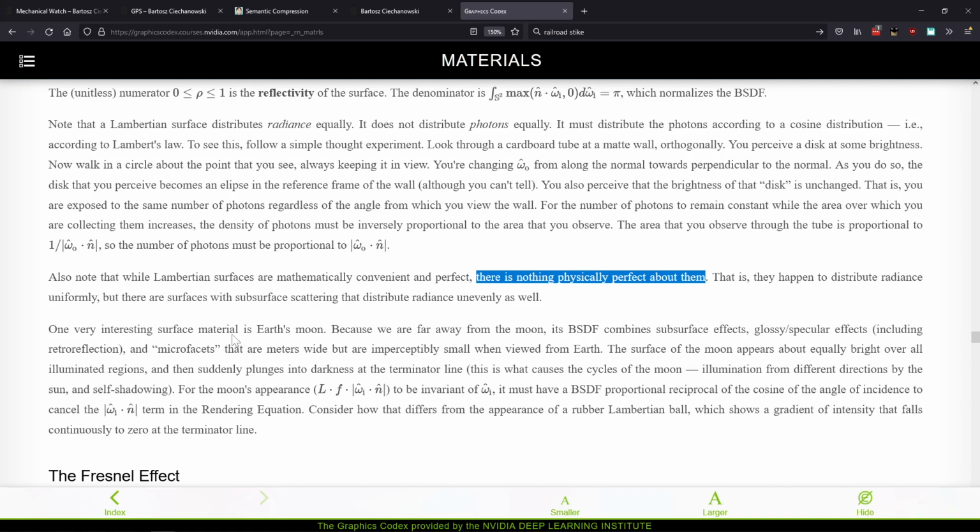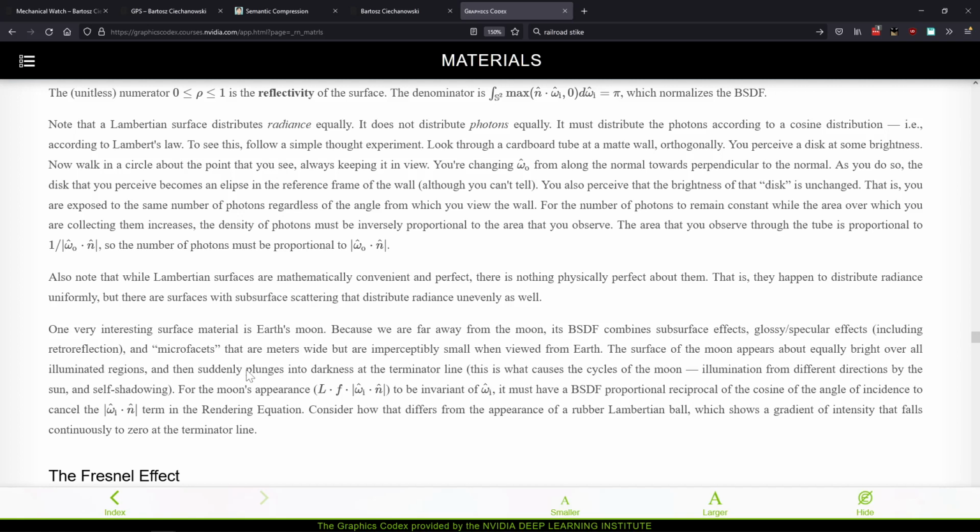So is this saying that the moon has a constant brightness across the surface except where it gets shadowed by the self-shadowing from being at an angle between the Earth and the Sun? I think it's saying that the cosine law does not apply for the moon.